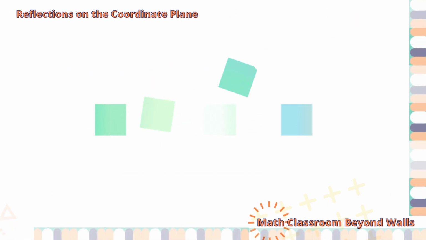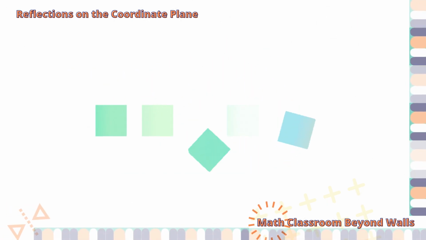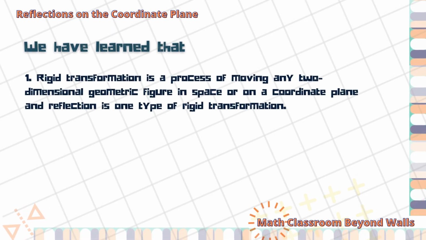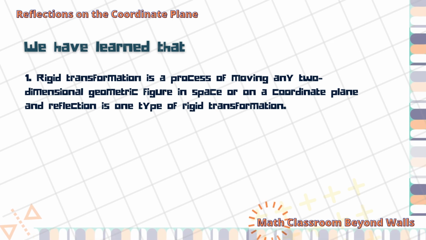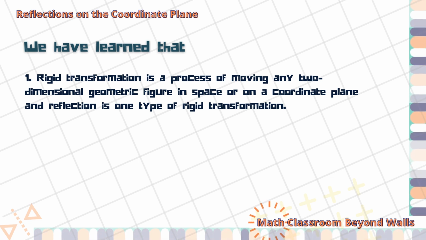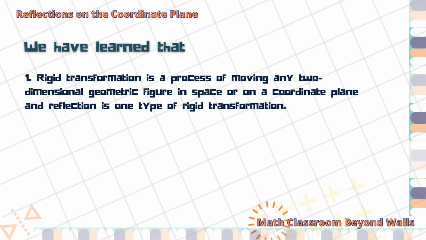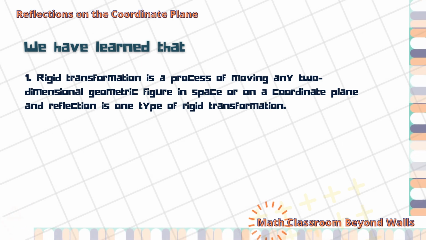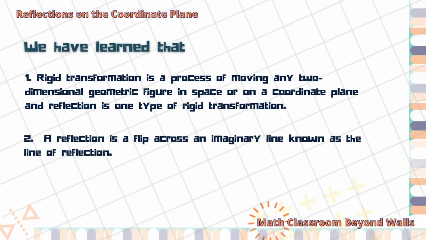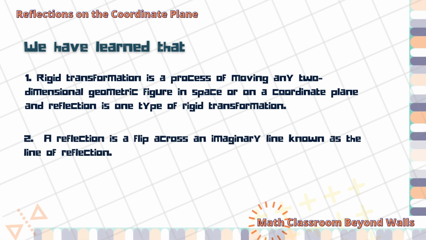Okay, let us summarize what we have learned in today's video. We have learned that, first, rigid transformation is a process of moving any two-dimensional geometric figure in space or on a coordinate plane, and reflection is one type of rigid transformation. Second, a reflection is a flip across an imaginary line known as the line of reflection.